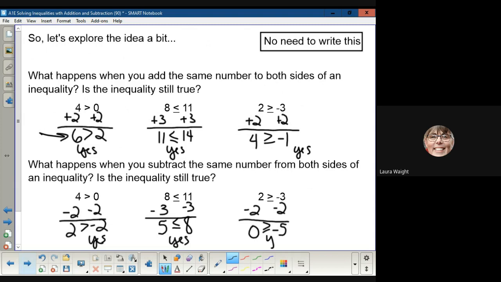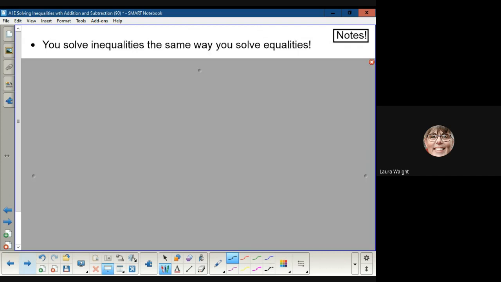So it turns out that you can also subtract from both sides of an inequality, and it will still remain true. What this shows us is that we can add and subtract from both sides just like in equalities, and that is good news, because you solve inequalities the exact same way you solve equalities.